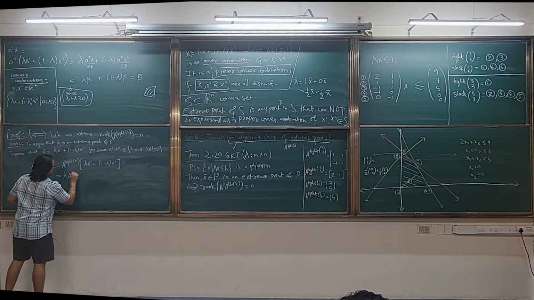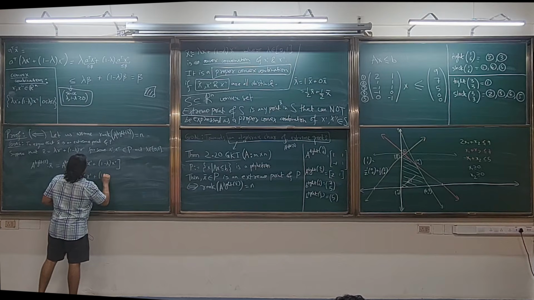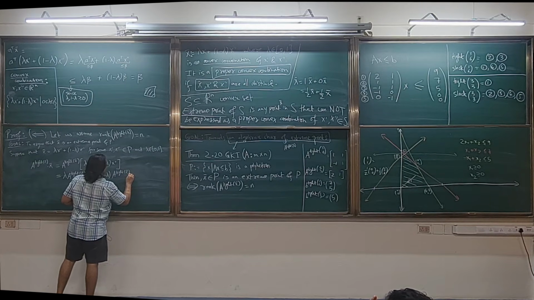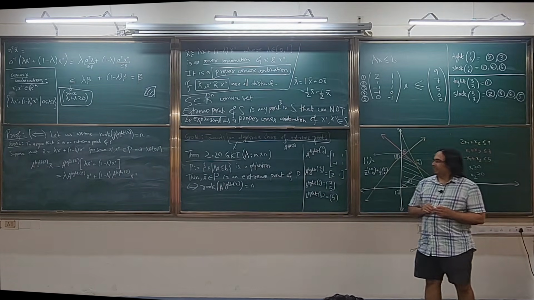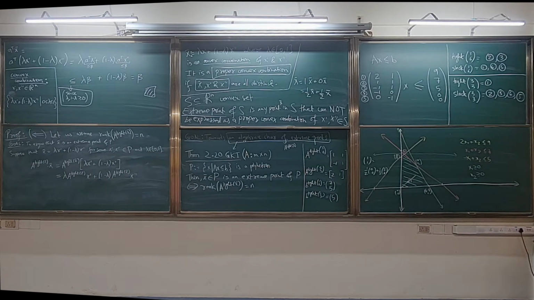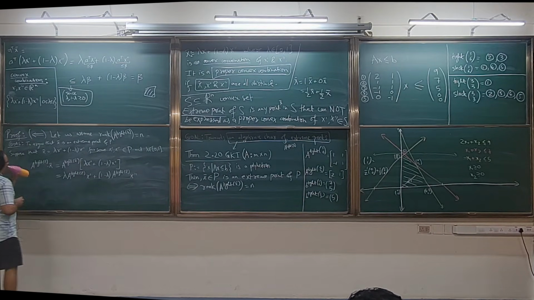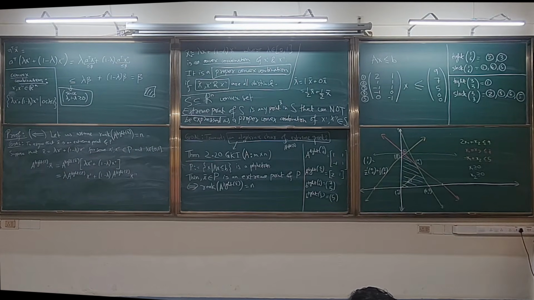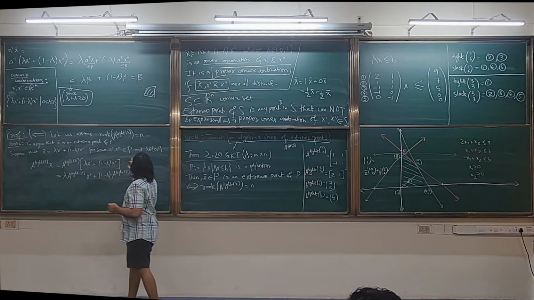Lambda times d by x bar plus minus lambda times... well, x prime is a point in the polyhedron.